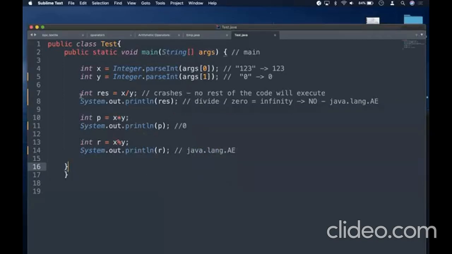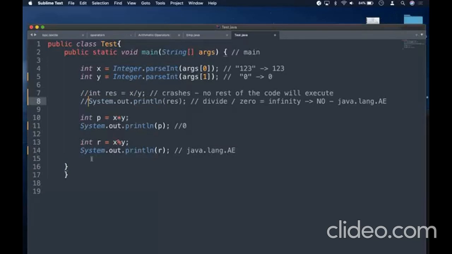For example, let's say these two lines are not there. Now what happens if this works? 123 into 0 is 0, but here you will have this problem, divide by 0, and it crashes, because I have commented this out.